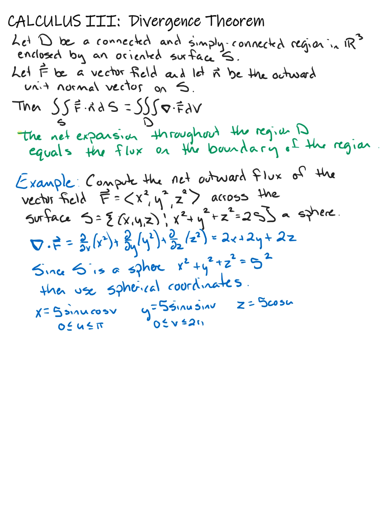Just as a reminder what that looks like, if you've got your sphere, looking at a sphere, however you want to draw that. u measures from z down, and v measures from x all the way around on the xy plane. And the r value in this case goes from 0 to 5.